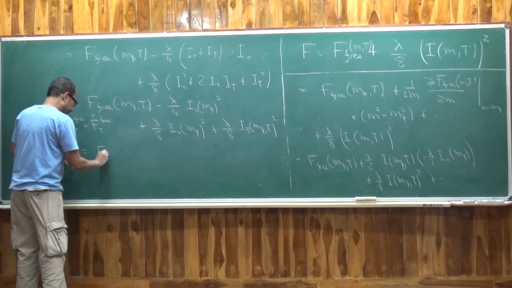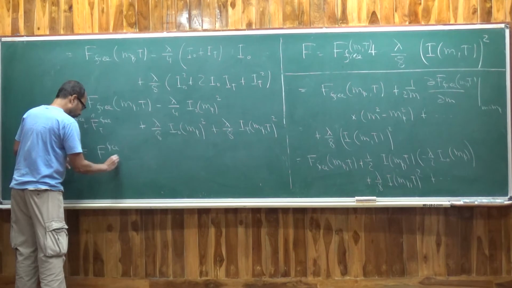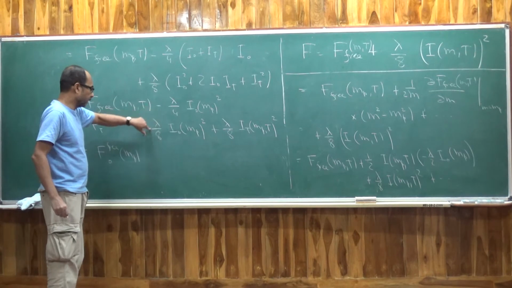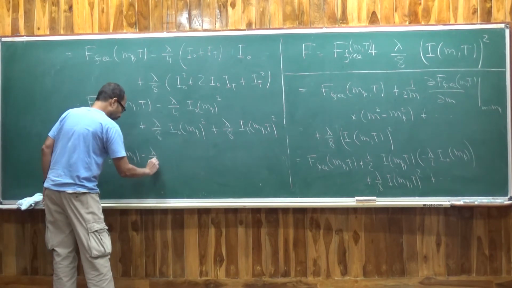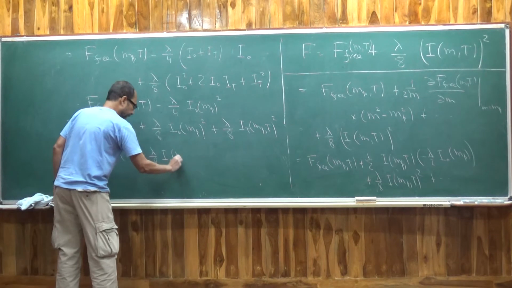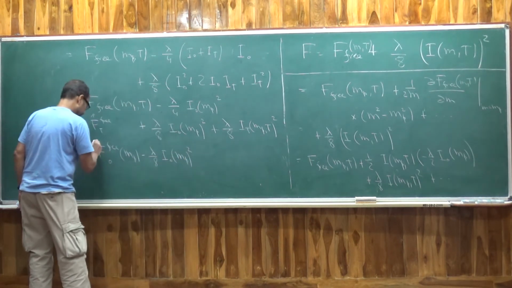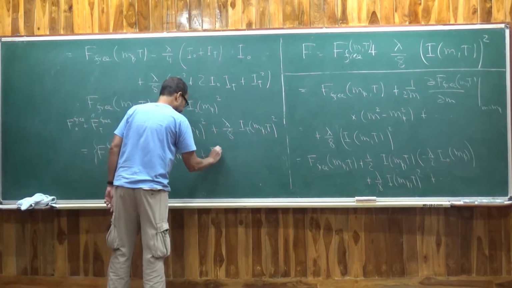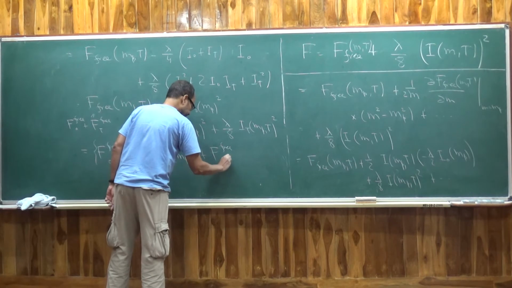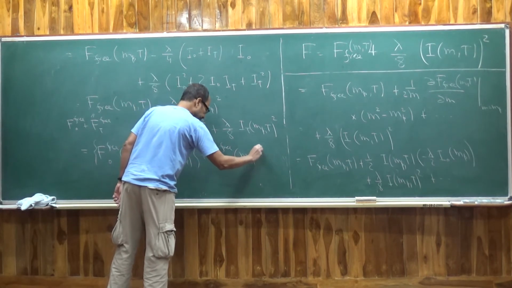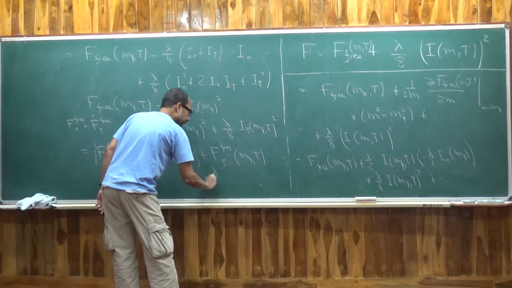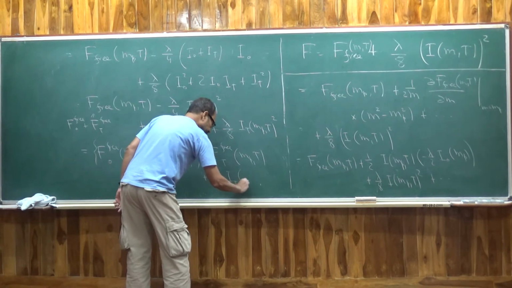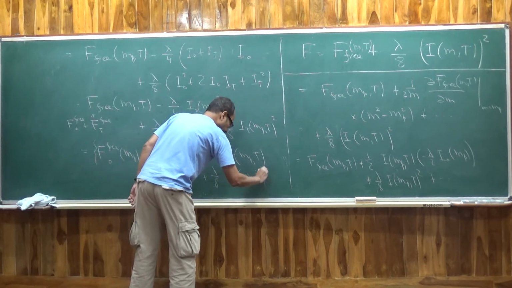So I can write this as F free naught, which is T independent, of m_p, and together this becomes minus lambda over 8 I0 of m_p squared plus F free T of m_p, T plus lambda over 8 IT of m_p, T whole square.